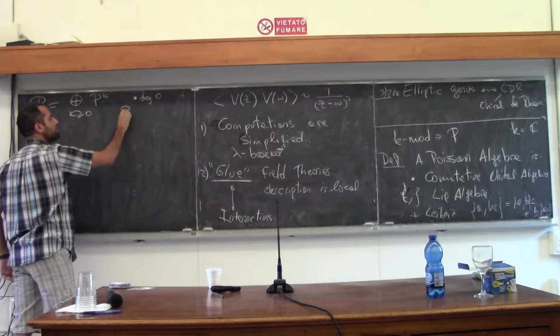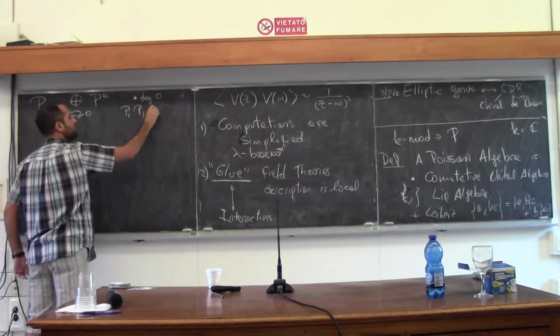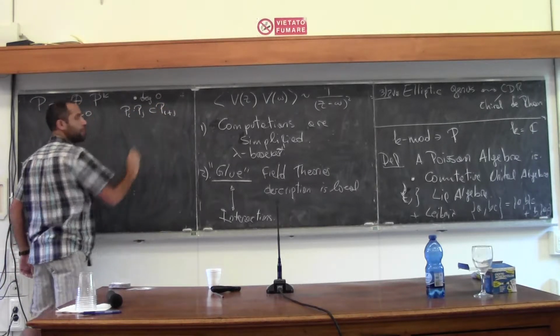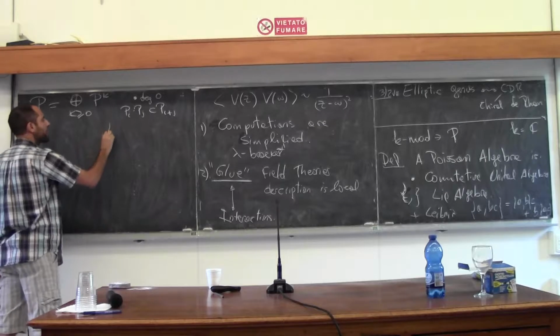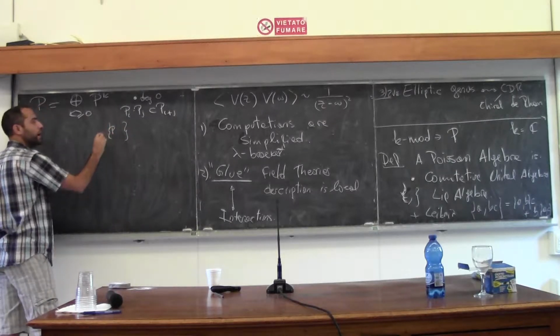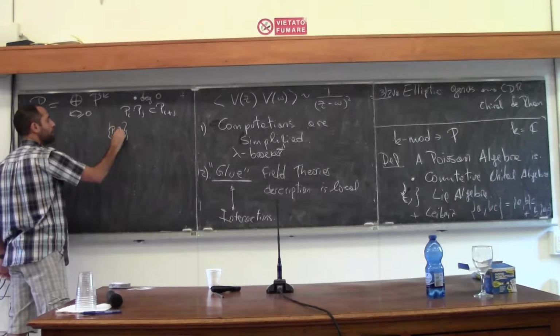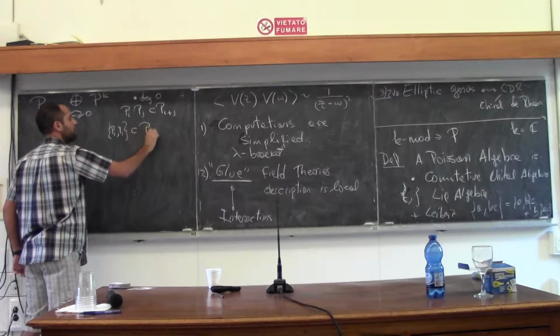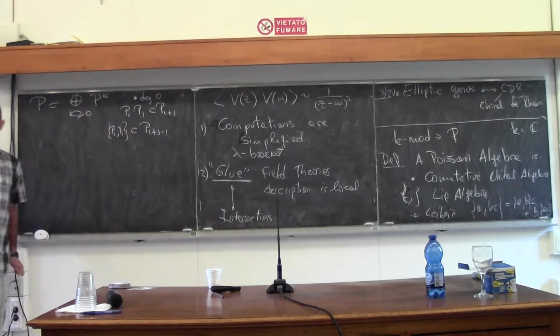So this means that Pi times Pj lives inside of Pi+j. And all my Lie brackets will be of degree -1. So {Pi, Pj} will live inside of P(i+j-1). So if I have that structure, I'll call that a graded Poisson algebra.